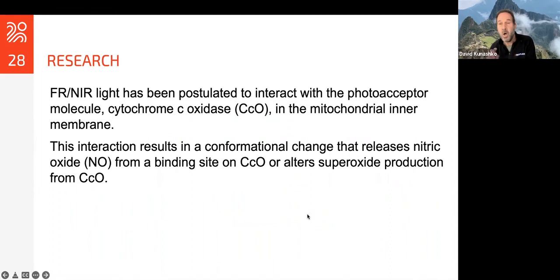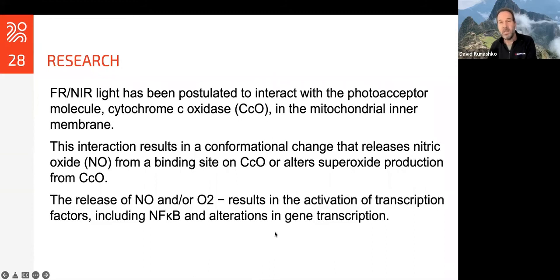So it undergoes a conformational change, as I mentioned, when light hits it. That conformational change is when nitric oxide releases from the binding site, as I mentioned earlier. And one of the byproducts is the release of ROS, or reactive oxygen species, as well as the release of nitric oxide.